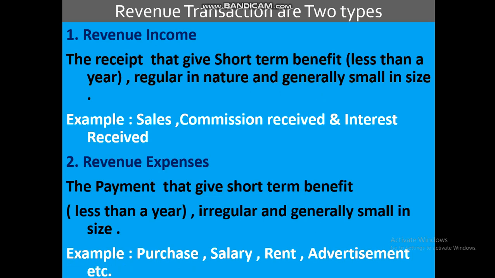Every day a businessman would like to sell his goods. So these are examples of revenue income. Then revenue expenses. The payment that gives short-term benefit less than a year, regular and generally small in size. Examples of revenue expense are purchase of goods, salary to the staff, rent, advertisement, etc. This type of transaction occurs regularly in the business.